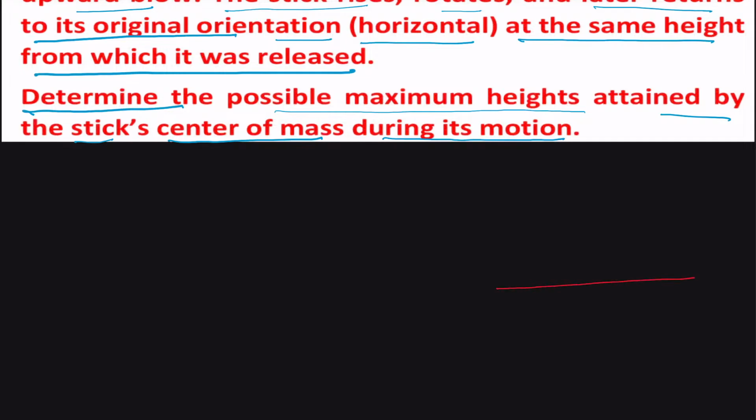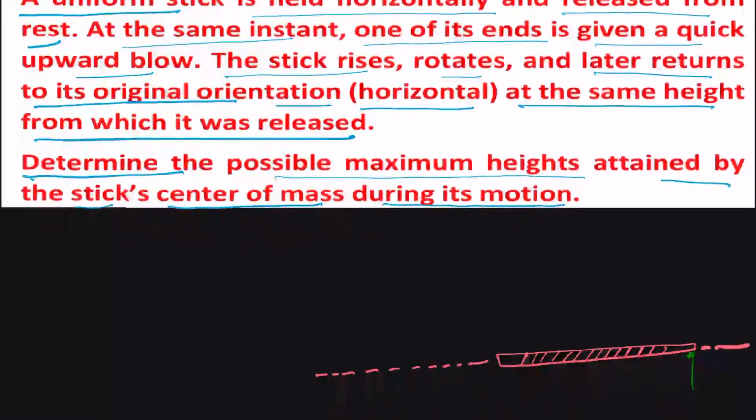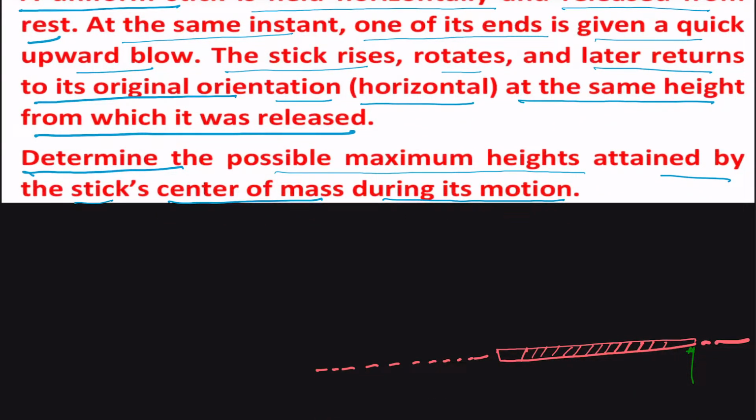So suppose this is our stick at a certain height, and it is given a short impulse, and let us suppose we push it at this extreme end. The length is not given, so let us assume that it has a length of L and its mass is capital M.